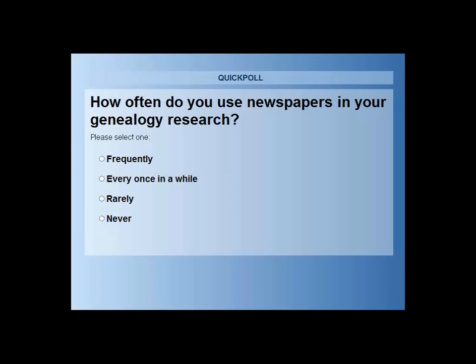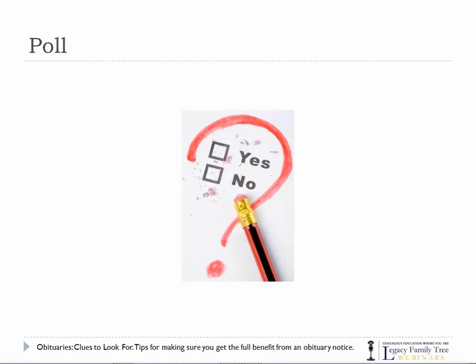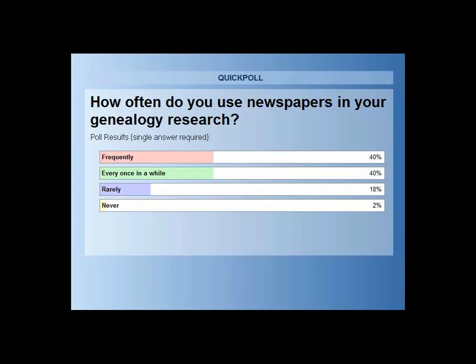And in just a couple of seconds, I'll close the polling and share the results with both you and with our speaker. So it looks like 40%, Tom, frequently, 40% every once in a while, 18% rarely, and 2% never. Well, let's hope to convince at least those 2% to switch today.